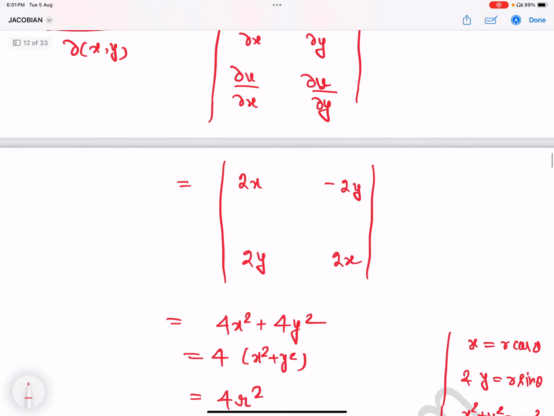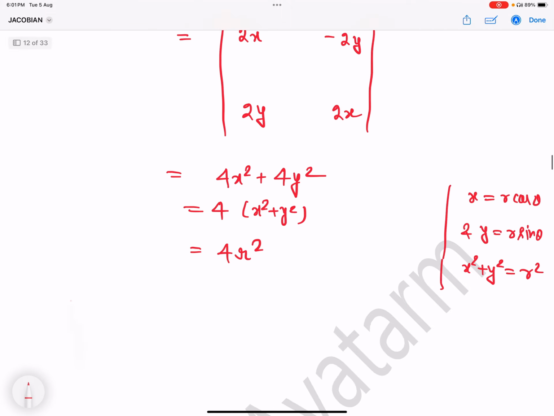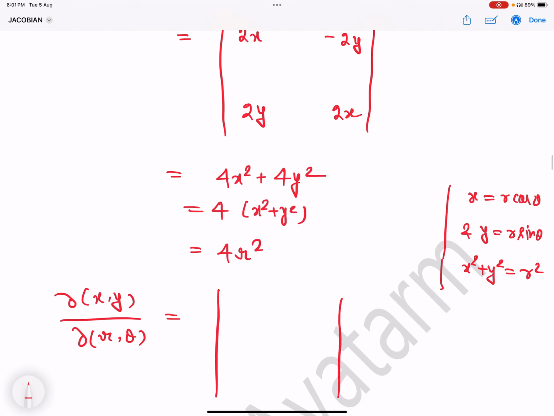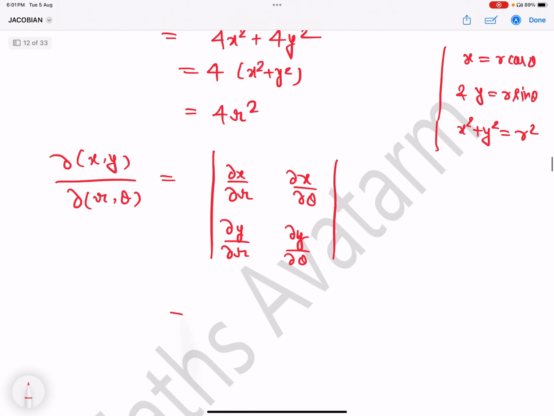Now, similarly, we'll calculate the Jacobian of x and y with respect to r and θ. So, what is x? x is equal to r cos θ.